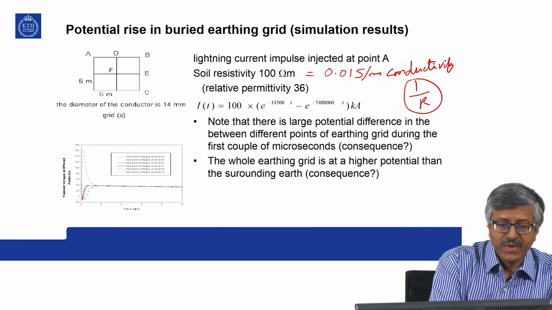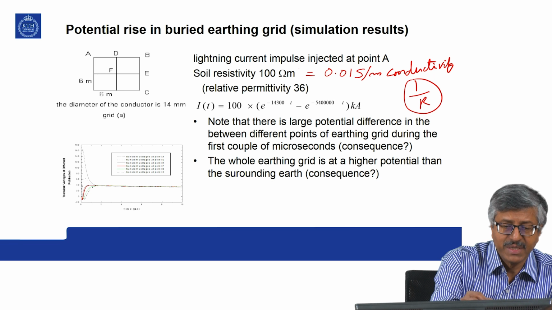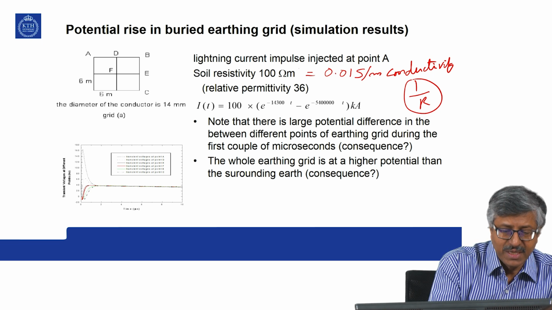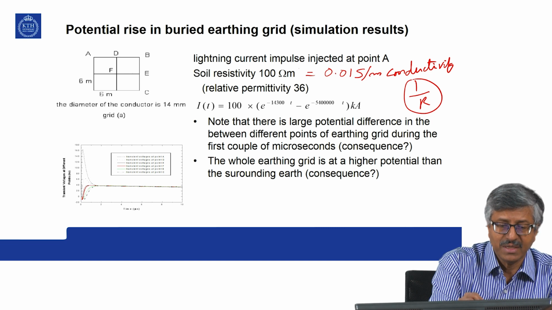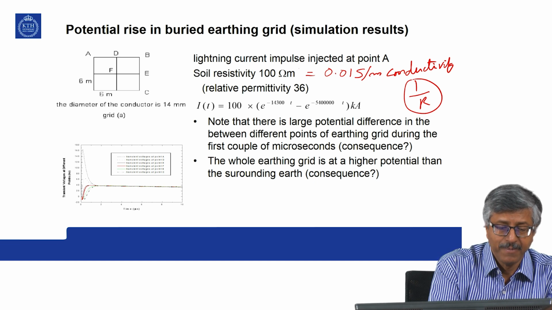So, the current is injected at one corner, and you are measuring the transient voltages at various nodes. You can see that within the first 2 microseconds, you do not have any equipotential grid here. There are huge potential differences between various points.